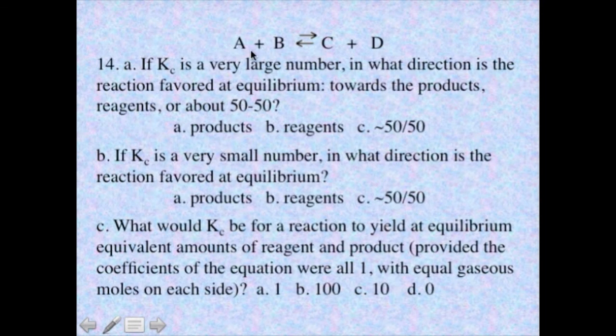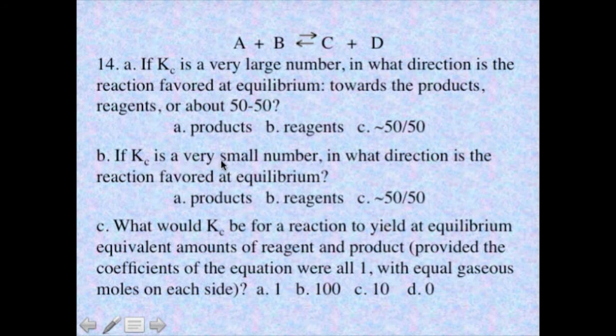And consider this equilibrium, A plus B yields C plus D. If Kc is a very large number, in what direction is the reaction favored at equilibrium? Products, reagents, or about 50-50? And of course, if Kc is large, that means your mass-action equation has a large numerator, small denominator, and you have lots of product.